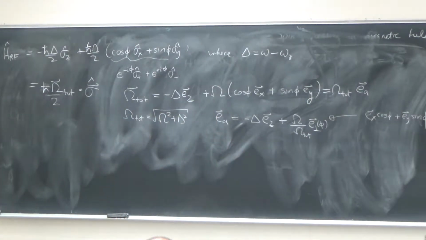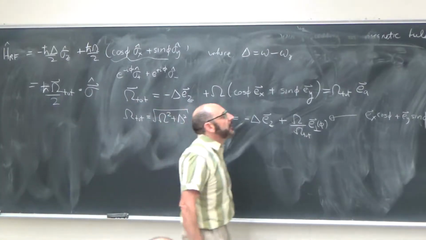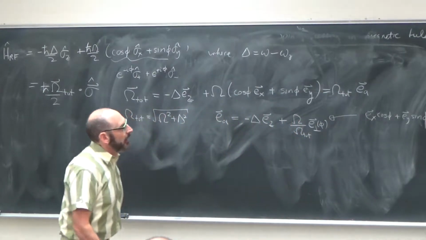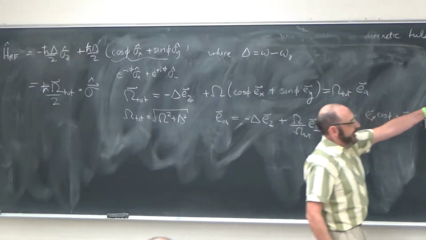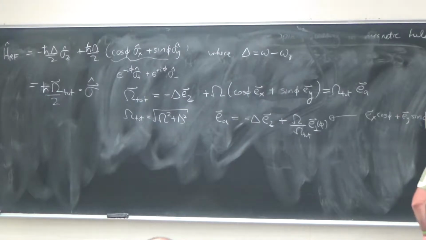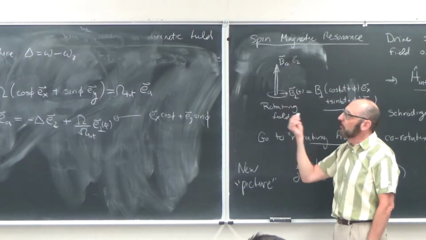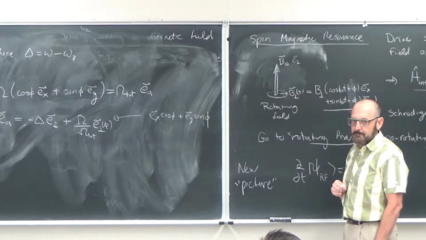Yes, sir? By direction, you mean polarization of the magnetic field, or? I do not mean that. So our magnetic field here in the lab frame is this field. That is to say, in the lab frame, it has a static component in the z-axis and a transverse component which is oscillating. Okay.